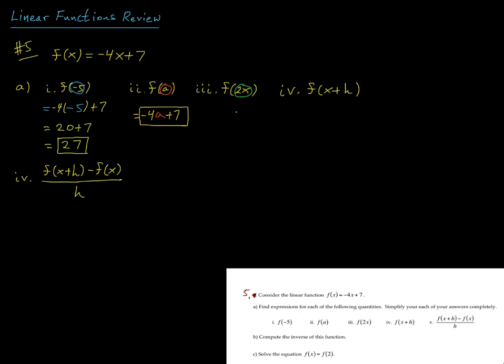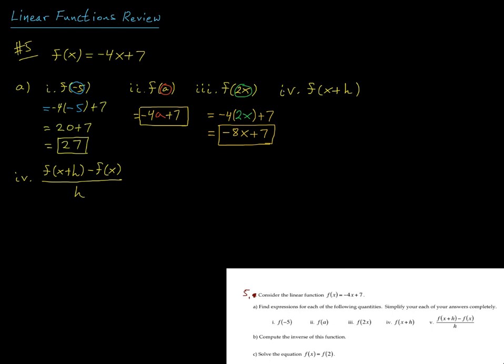So I'm going to apply this rule not just to x, but to 2x. I'm going to multiply 2x by negative 4 and then add 7 to the result. We can simplify this a little bit. Minus 4 times 2x is minus 8x, and then we're adding 7, and so that will be our answer right there.